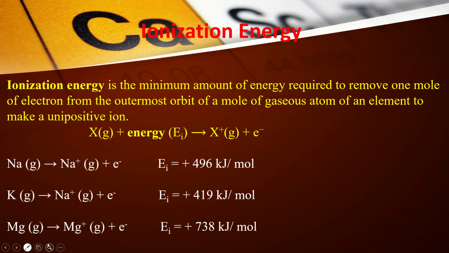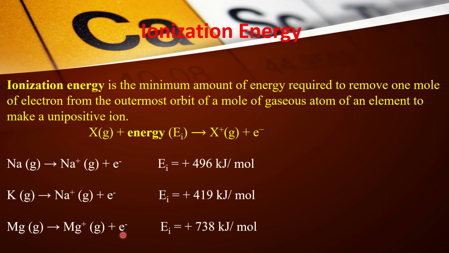In the same way, when 1 electron is removed from magnesium, dear students, look, usually magnesium makes dipositive ion Mg2+, but here you have to remove only 1 electron. So magnesium will make a unipositive ion, Mg+.